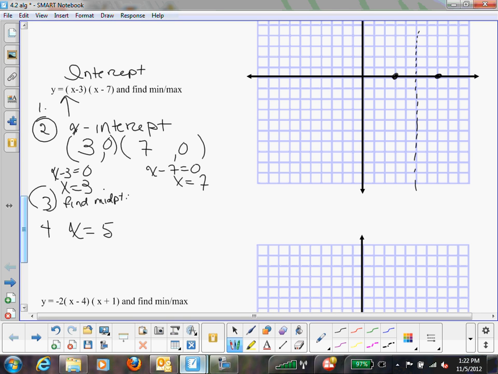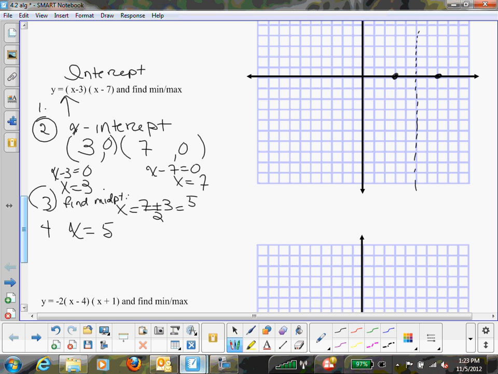How do you find the midpoint? It's the average. What do you do with the average of 2 values? Divide by 2, but what do I do with those values? You add them. What is 7 plus 3 over 2? There is your x value.